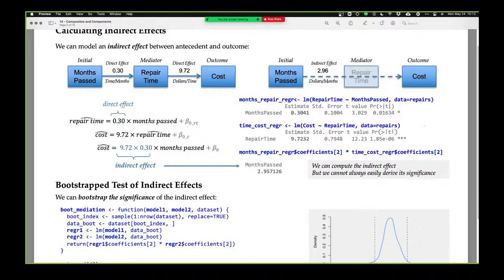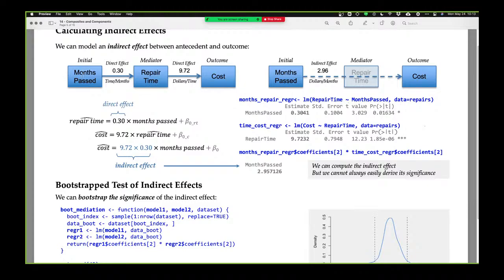That's the slope, how much time it takes for every additional month. And the coefficient here, its units are in dollars over time. It's how much the cost is affected for every unit of time. All right. So these are two separate regressions.